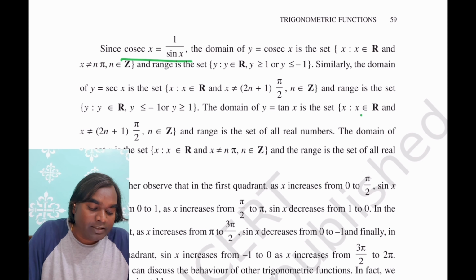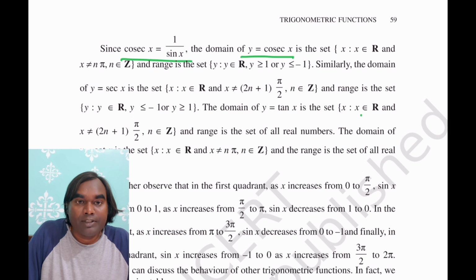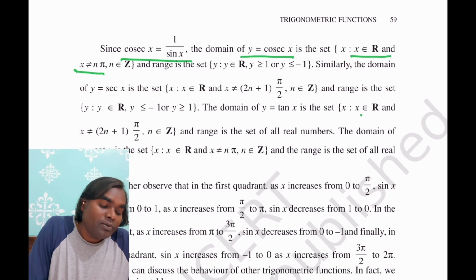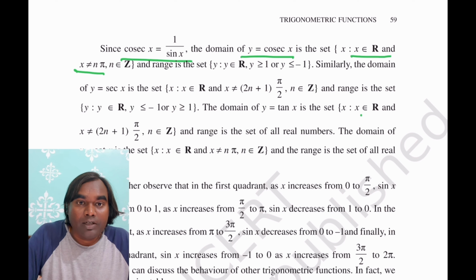In the case of cosec x, the domain of y is equal to cosec x is the set of real numbers x, x belonging to the real numbers, but x should not be equal to n pi, because for x equal to n pi the sin value becomes 0, and in that case y will be equal to 1 by 0, that means undefined or infinite.